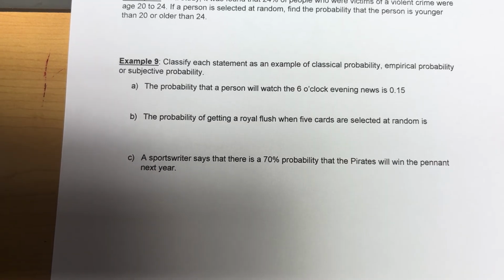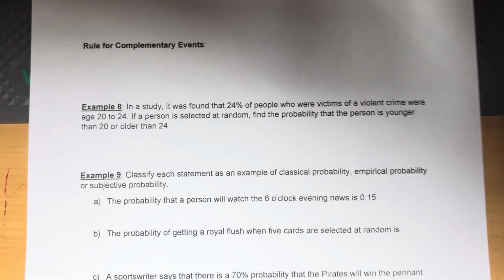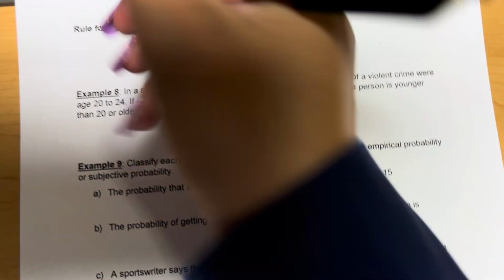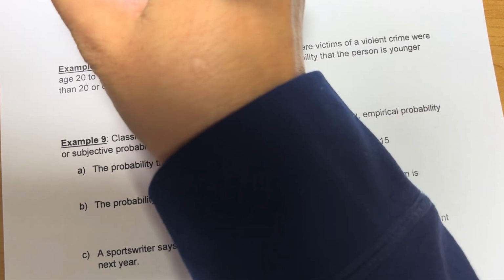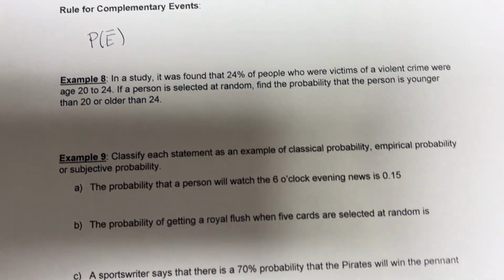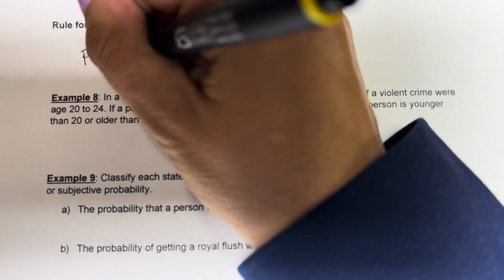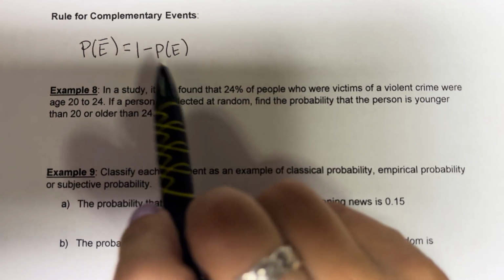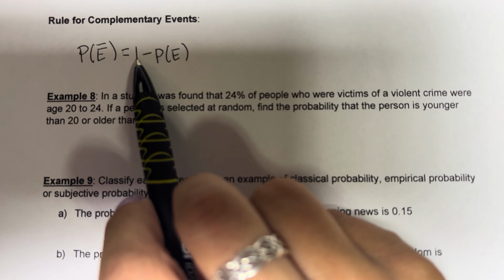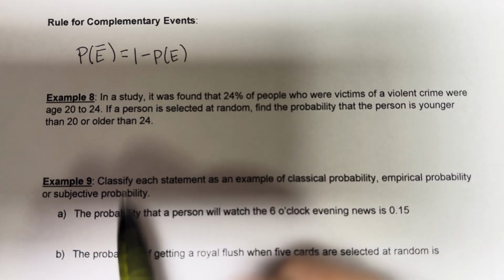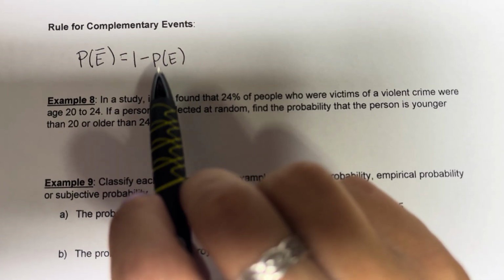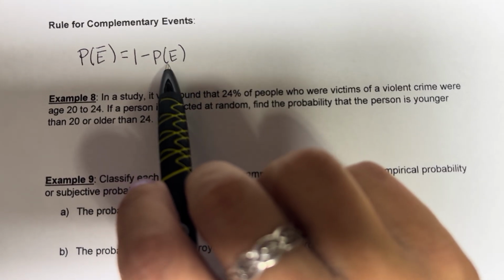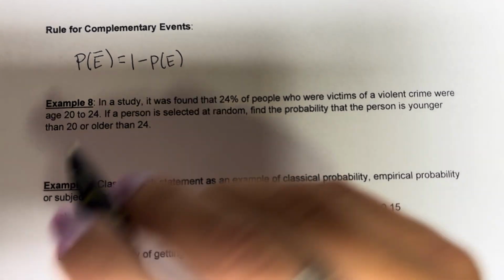Okay. So rules for complementary events. I'll go up here. We have a couple of things. So we have, what is the probability of the complement? So E bar. That would be 1 minus the probability of the event, right? Because 1 would be all of the probabilities. So it's like 100%, right? So if we do 1 minus, and this is going to be between 0 and 1, 1 minus the probability of the event happening will give us the complement.